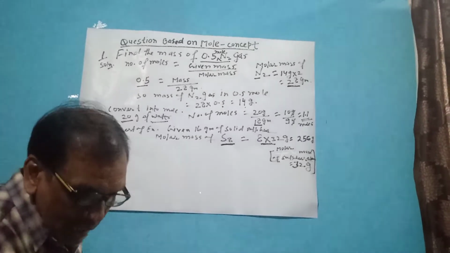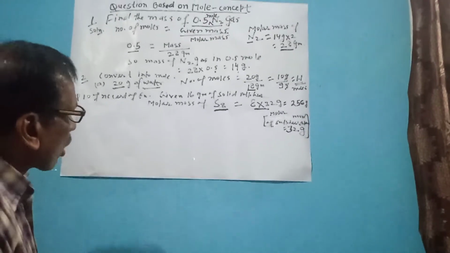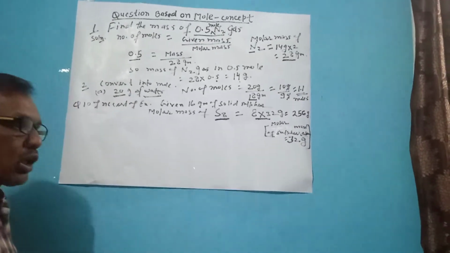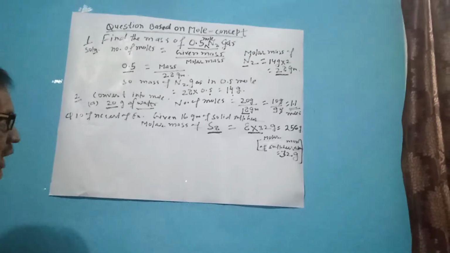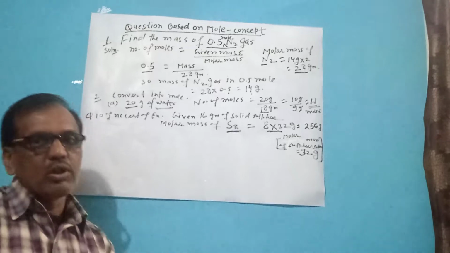Now here we have to find out the number of molecules. For the number of molecules, we know that in 1 mole there are 6.022 into 10 to the power 23 molecules.